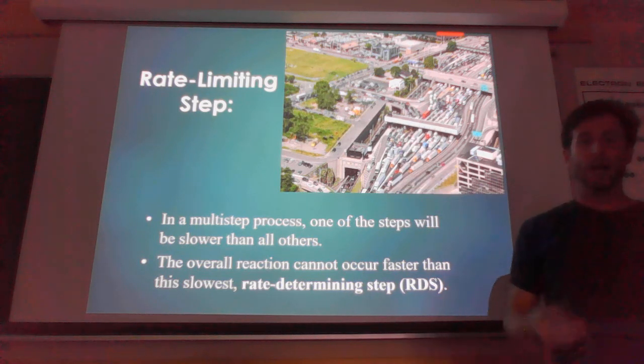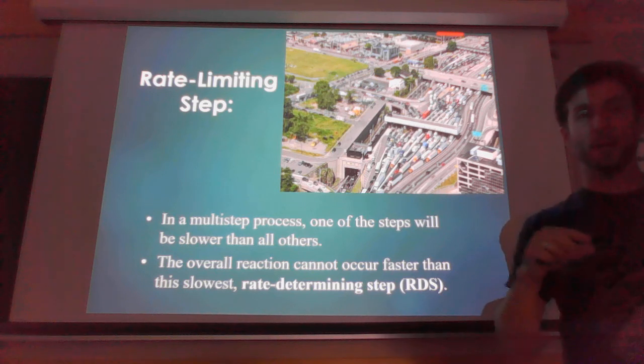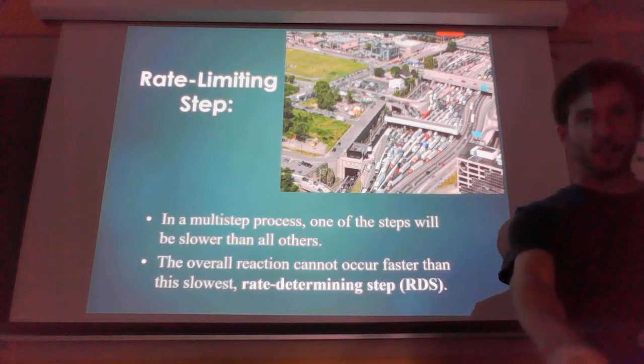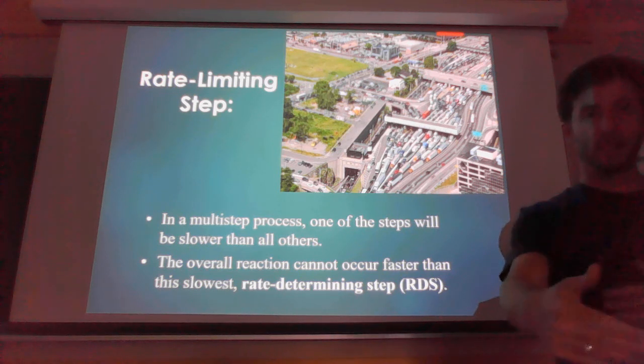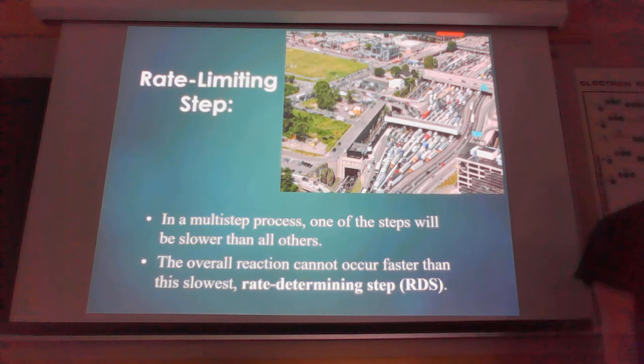So if I'm going to figure out how long is it going to take me to drive into Atlanta, I'm going to pull up my map, I'm going to look at Spaghetti Junction and see how slow the traffic is there and know that that's probably my limiting factor. That's what's going to keep me from getting to work on time. Okay? The slowest part of the process controls the speed of the whole process.